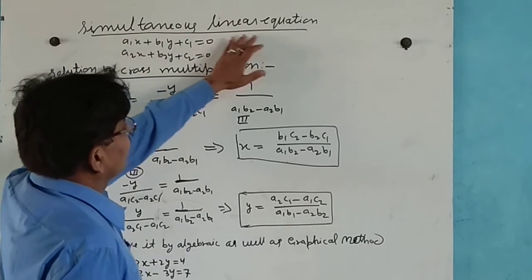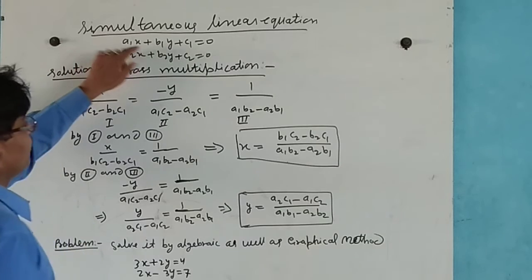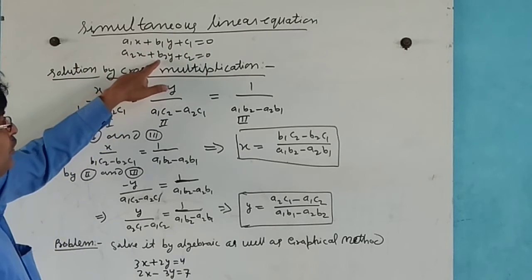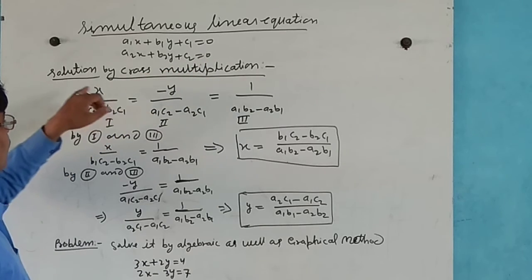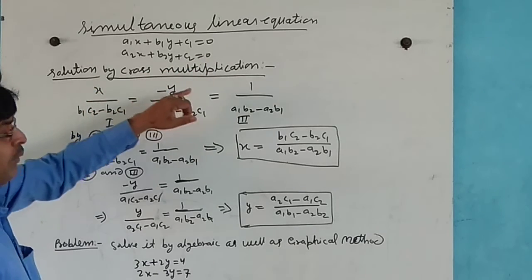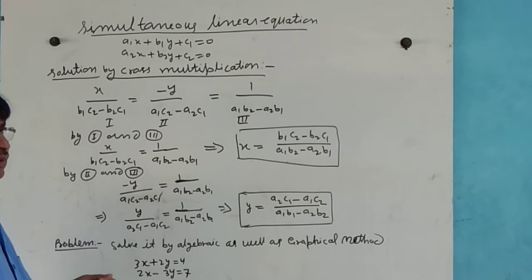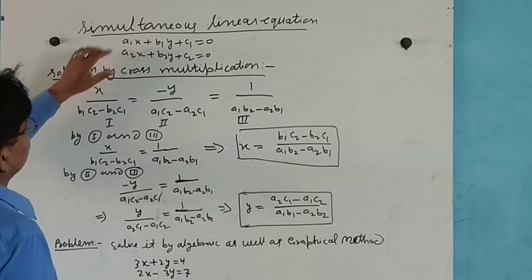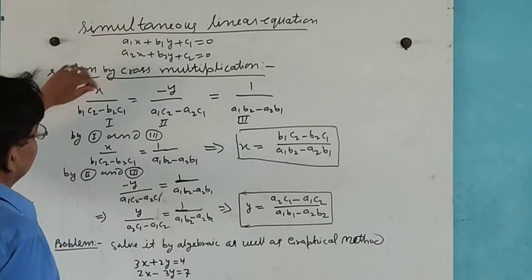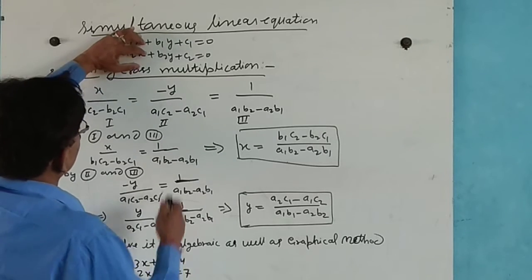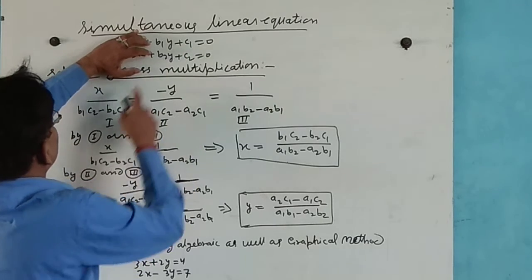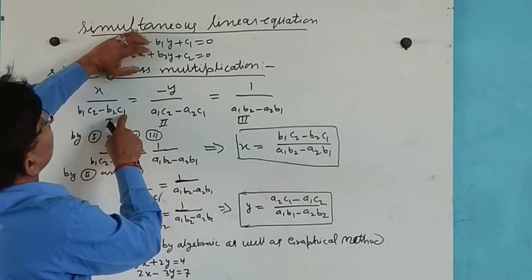The simultaneous linear equations are a1x plus b1y plus c1 equal to 0, a2x plus b2y plus c2 equal to 0. Solution by cross multiplication. Here, x divided by b1 c2 minus b2 c1.